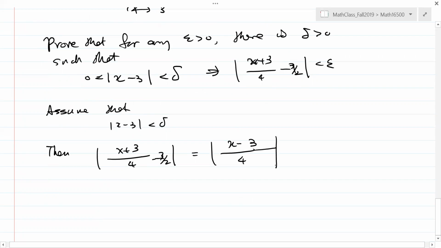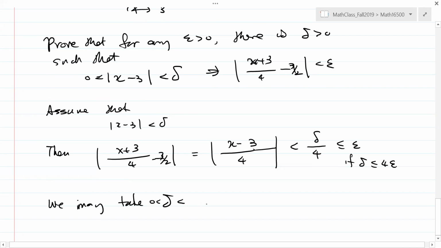All right, so since the numerator is smaller than delta, it's smaller than delta over 4. But we want to make sure it's less than epsilon. So it's going to be less than epsilon if delta is less than or equal to 4 epsilon. So clearly, we may take delta to be any number smaller than or equal to 4 epsilon.